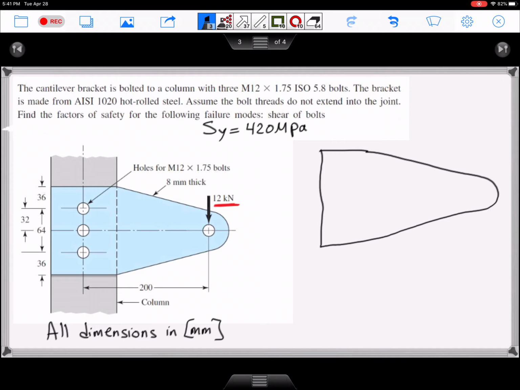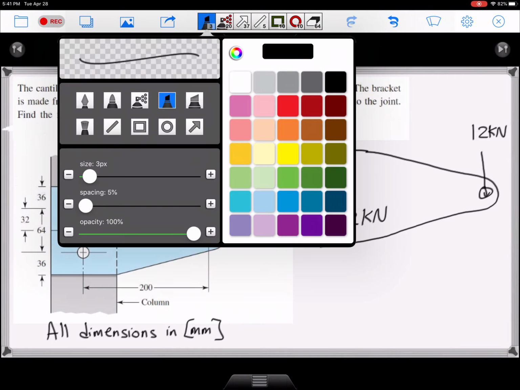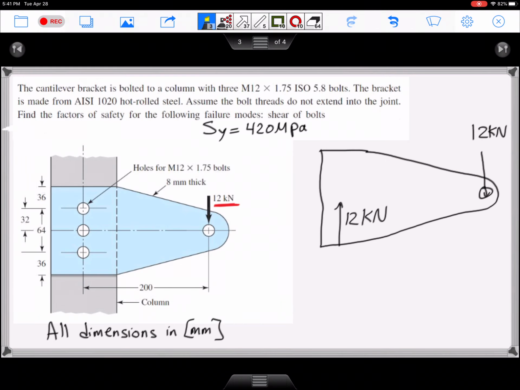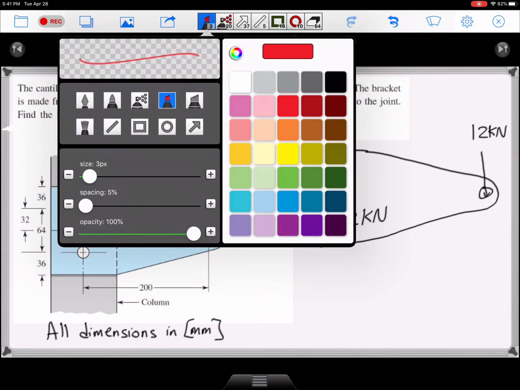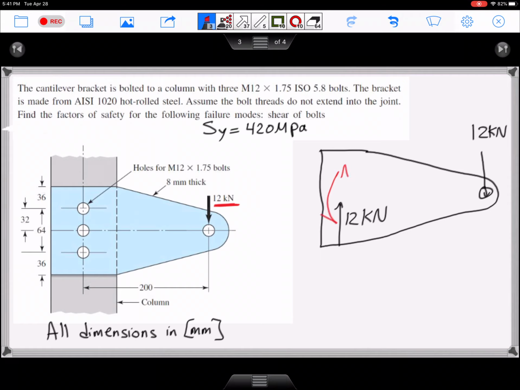You have 12 kilonewtons applied here, and of course you're going to have 12 kilonewtons applied here to make equilibrium. Because it's a cantilever bracket, you're also going to have a moment like this. This will make the bracket in equilibrium.